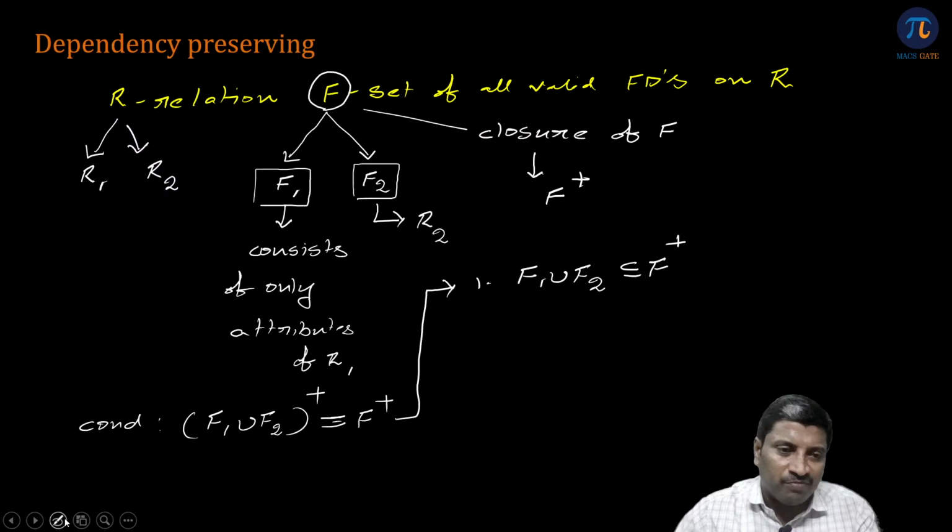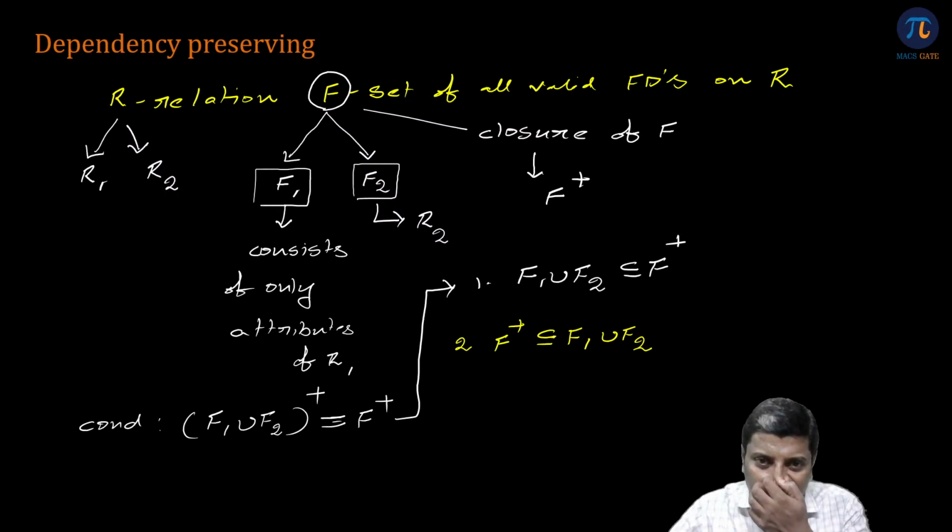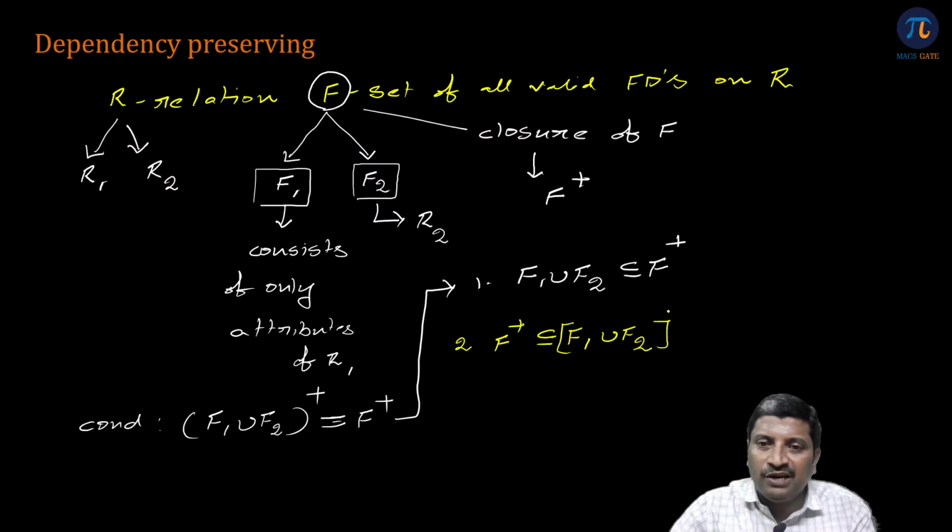Now the main step. What is the main step, sir? I don't know whether F closure is contained in F1 union F2. Our intention is F closure contained in F1 union F2. What does that mean?